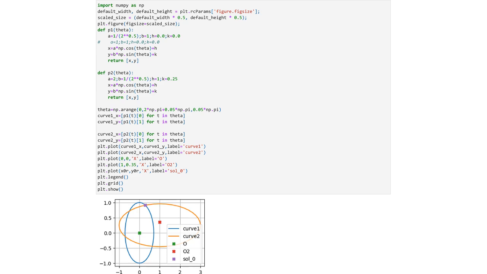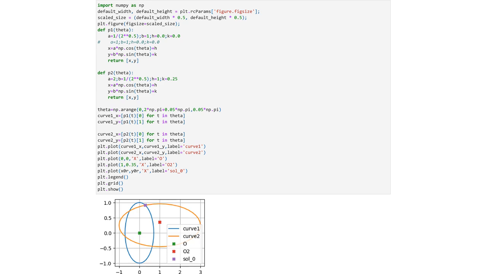In summary, today we have learned a practical method for solving systems of nonlinear simultaneous equations using the fsolve function from SciPy. We saw how to properly define our equations as Python functions that return 0 at the solution, and the importance of providing an initial guess.